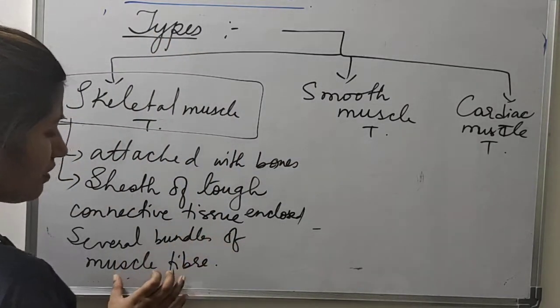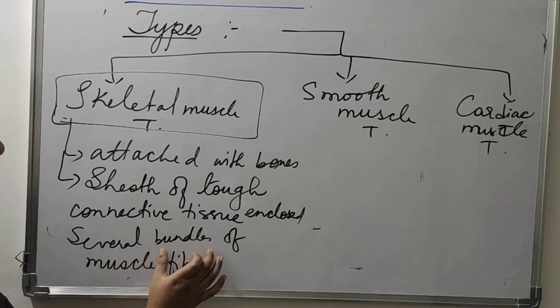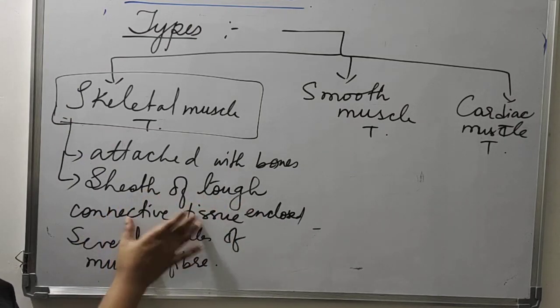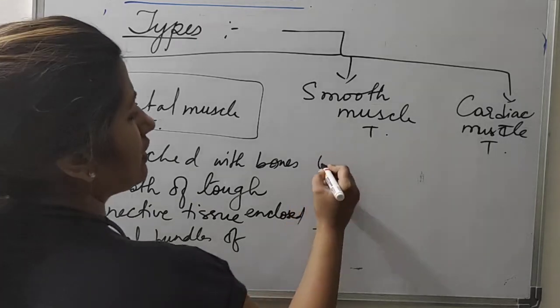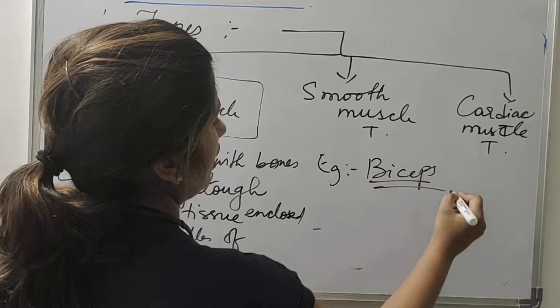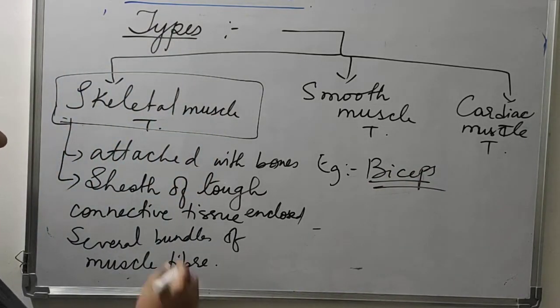So the bundle of muscle fibers we are talking about is covered by a sheet of connective tissue. We'll see an example of bicep muscles. Biceps are our skeletal muscles.